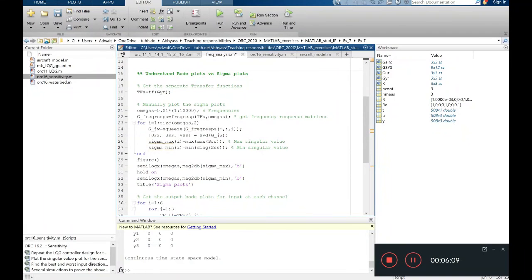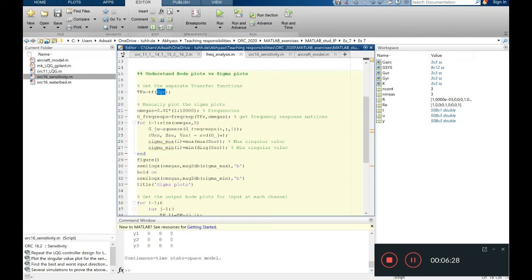So in this script frequency analysis, we have a section here that is on the screen. We first define the transfer functions. Because GYR is in a state space form, we convert this to a transfer function form here.